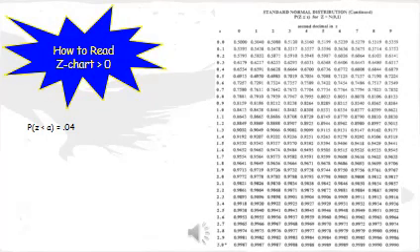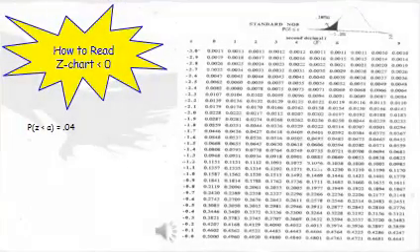Now we look in our z-chart for 4% or 0.04. And we can notice that this z-chart doesn't have anything below 0.5. So let's go to the other z-chart. Okay, that's better.